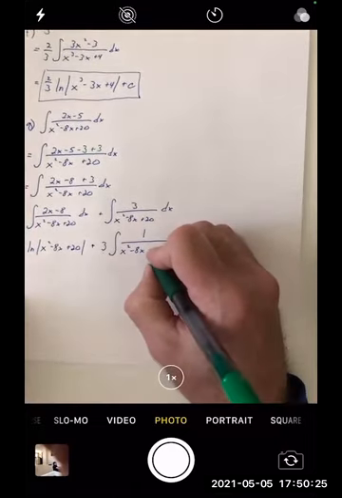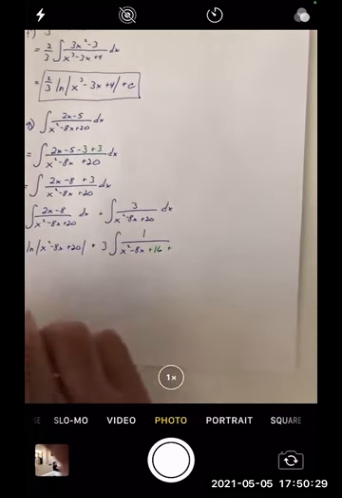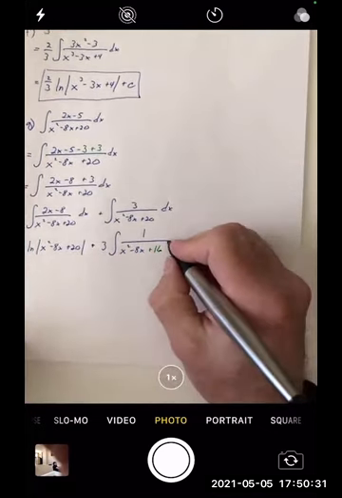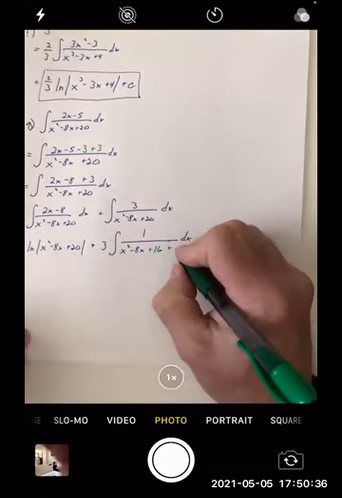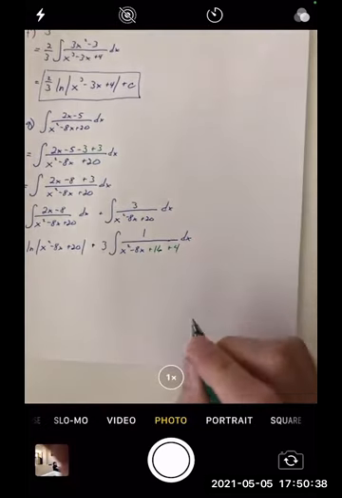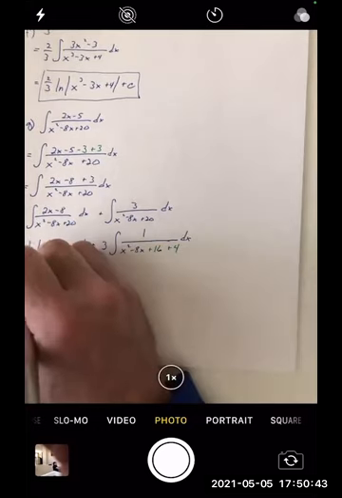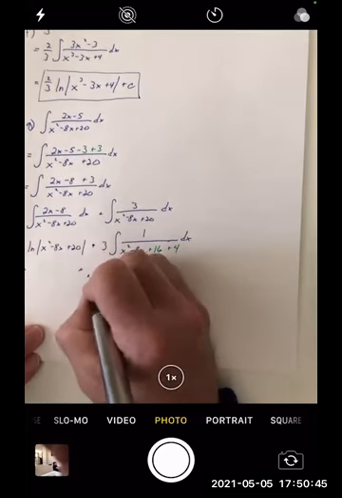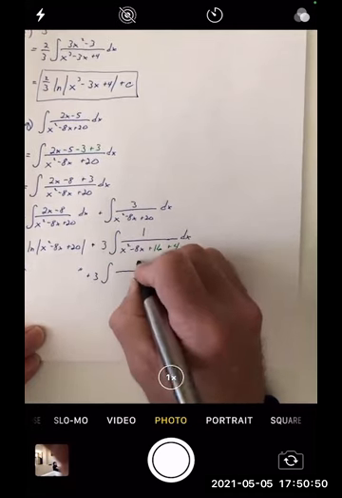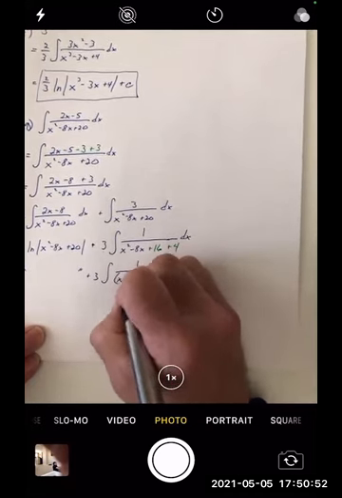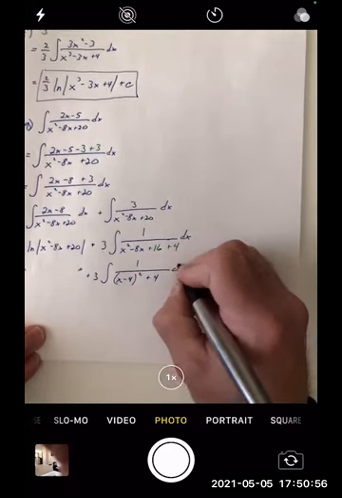So if we pulled off 16 from 20, how much is left over? 4. Yeah. All right, so let's complete that square. Let's factor it. So x minus 4 squared plus 4.